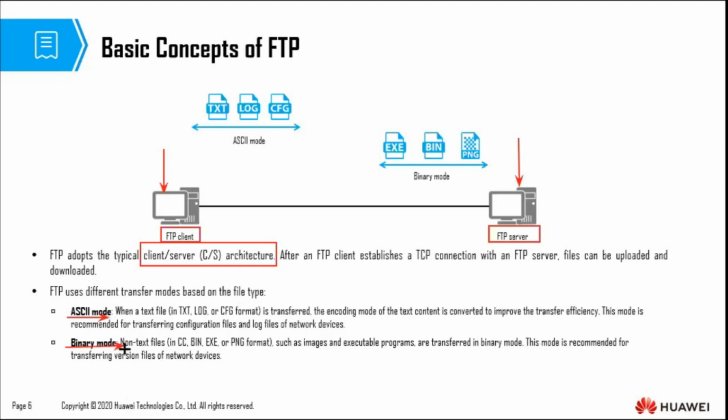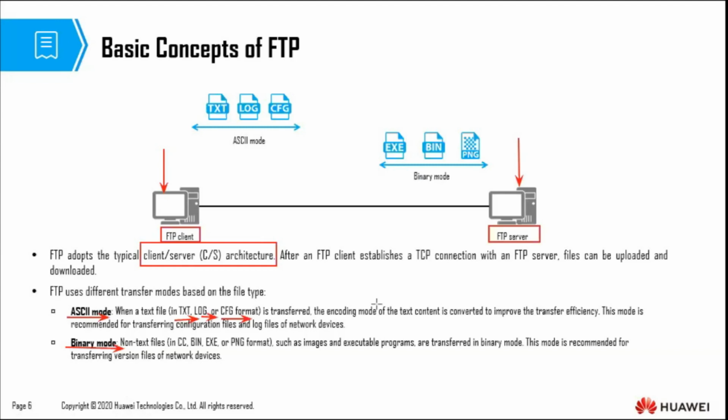ASCII, I don't remember what it means in full, but it's the American Standard Code for Information Interchange. Now, the ASCII mode is used to transfer text files, log files, configuration files, etc. Normally, files that are in the form of text have to be converted into ASCII mode before they are sent over the network. Whether we are uploading or downloading, we have to convert these text files.